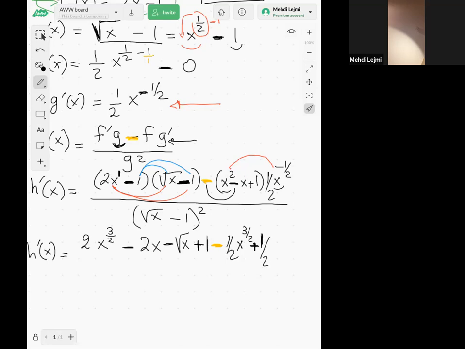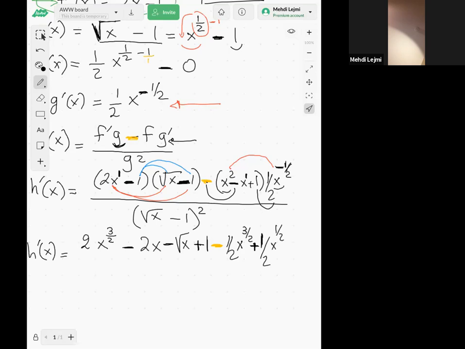Again, half. Here, this is x to the power 1. This is x to the power negative half, the same base, so we can add the powers. So 1 minus half, that will be half. So this is x to the power half. And finally, this is a minus plus, so that will be a minus, and 1 times this half x to the negative half.